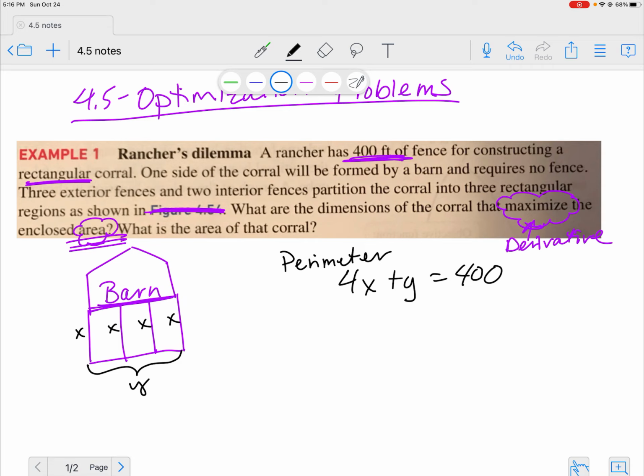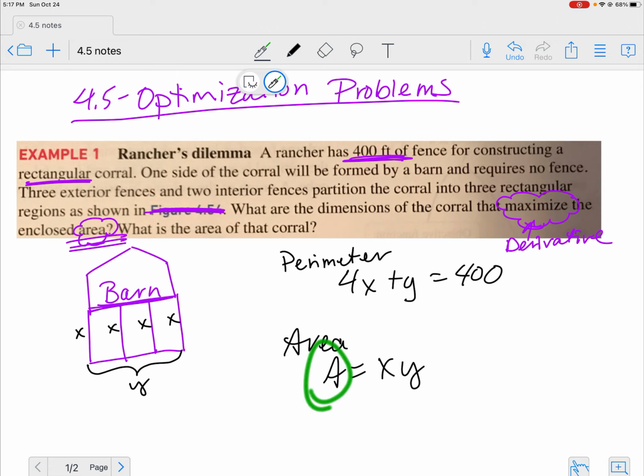Okay. However, my problem has asked me to maximize a what? An area. So if I want to look at this area, that's a rectangle. So the area is equal to x times y, because it's length times width. Check this out. I'm not about to go in here and try to do some kind of implicit differentiation.